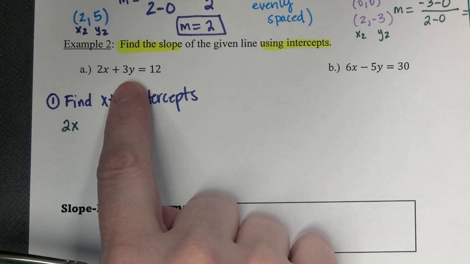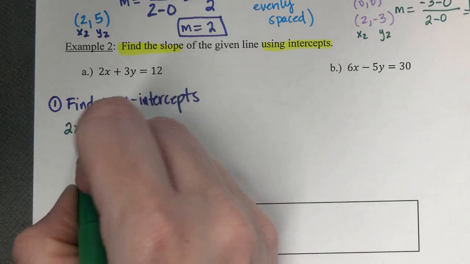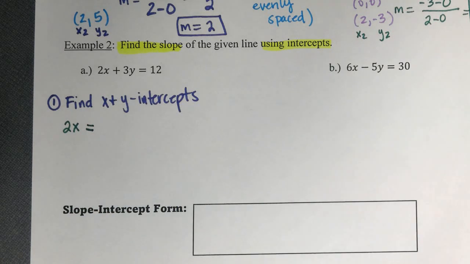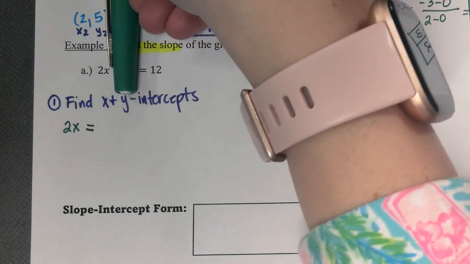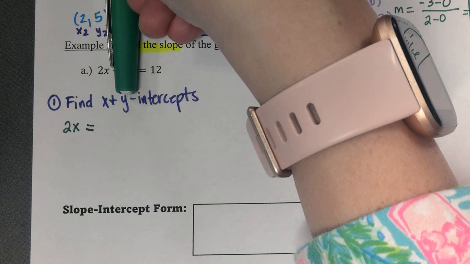No. Anything times 0 will be? Yep, 0. Anything times 0 will be 0. So if this is 0, I just have to set the 2x equal to what value? No, if the 3y goes away, right? This is what we did on our quiz yesterday. If that goes away, what are you left with? 2x equals? Yep.